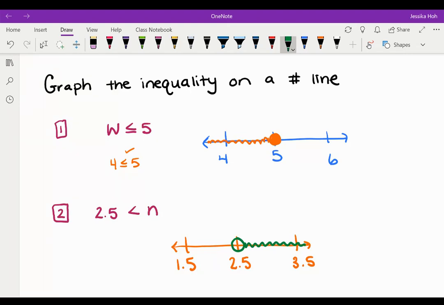If you notice, it's in the opposite direction of the inequality sign. Whenever the variable is on the left-hand side, you shade the way the inequality sign is facing. If the variable is on the right side, then you have to shade in the opposite direction of the inequality symbol.